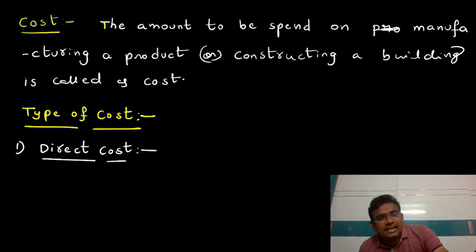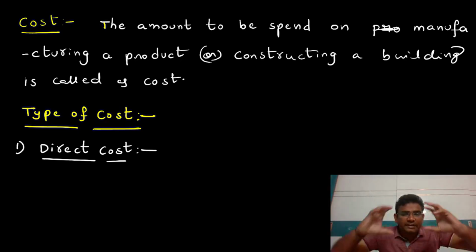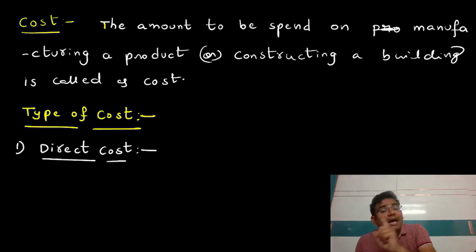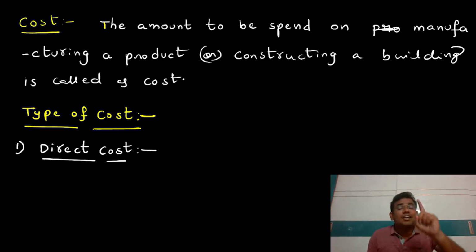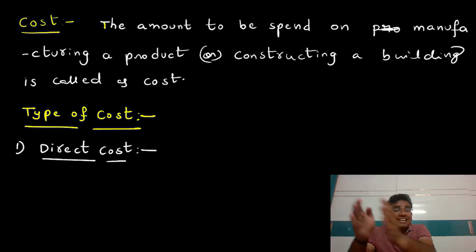Actually, guys, in construction or in manufacturing, there will be two types of cost. The first one is the direct cost and the second one is the indirect cost. Now, what is the difference between direct cost and indirect cost?